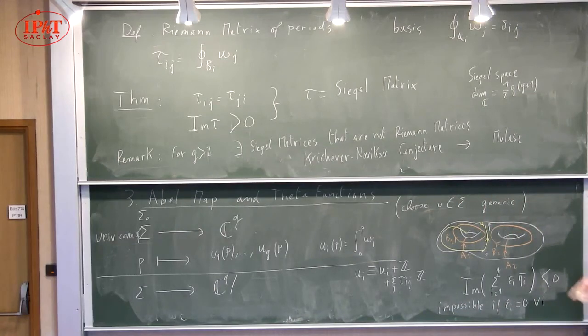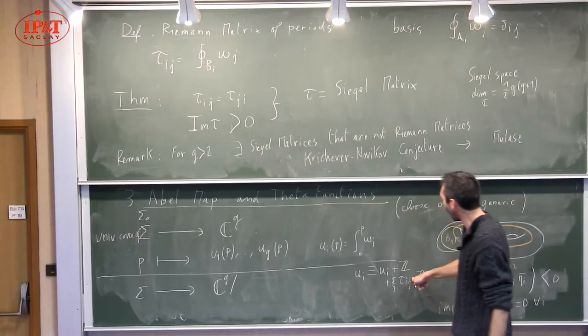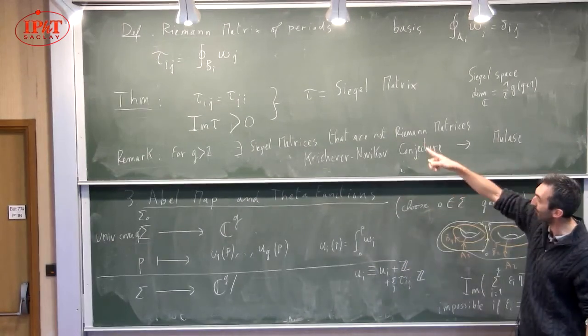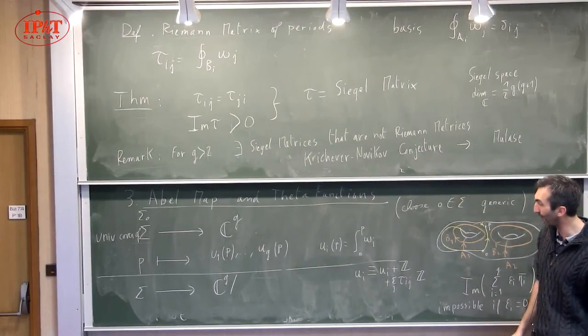So if you go from O to P by a different path, you can have added an A cycle or a B cycle or an integer linear combination of A or B cycles. So modulo integers or modulo integers times the integral over B cycles, you will get the same result.